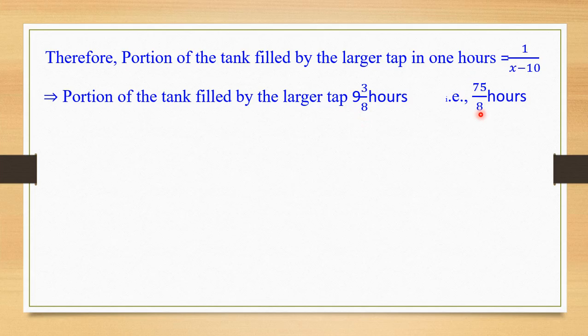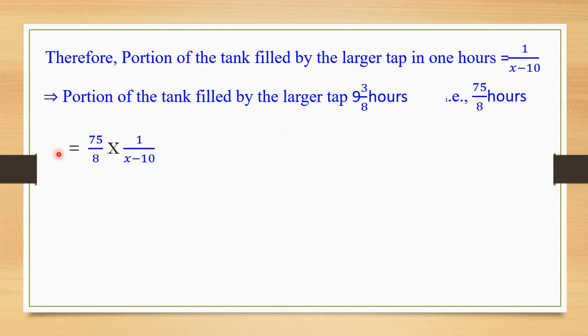Now we will find how much part of the tank is filled by both the taps. In 1 hour, the portion of the tank filled by the larger tap is 1 upon x minus 10, so the part filled in 9 3 by 8 hours, that is 75 by 8, is 75 by 8 into 1 upon x minus 10.